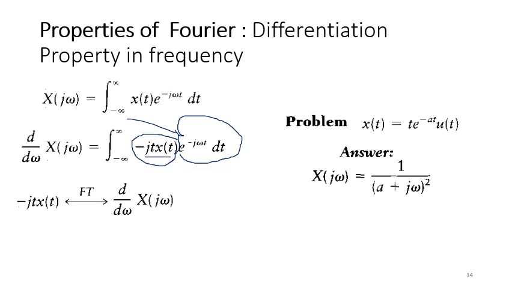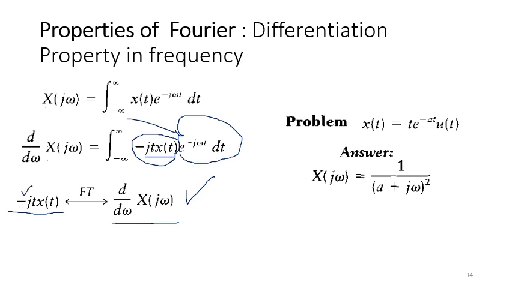So you can say that in the time domain it is minus j t x of t, and in the frequency domain it is this derivative. So differentiation in the frequency domain is equal to multiplying by minus j t in the time domain.